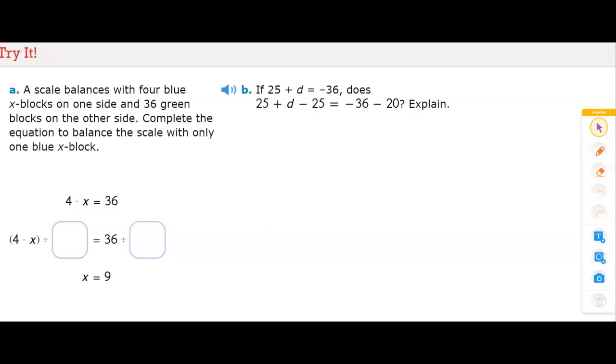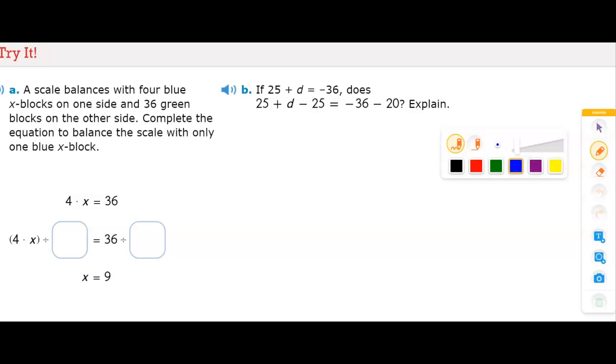Part A. A scale balances with 4 blue X blocks on one side and 36 green blocks on the other side. Complete the equation to balance the scale with only one blue X block. We have the original expression.